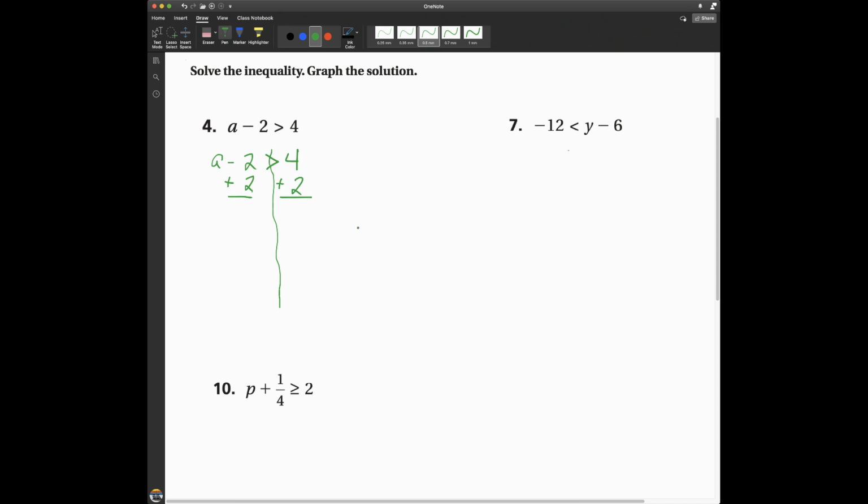I'm actually using the addition property of inequalities, okay? That says when I add something to one side of an inequality, I have to add the exact same value to the other side, or the inequality is no longer true. So I add a 2 to both sides, and that helps me to get a all alone by itself.